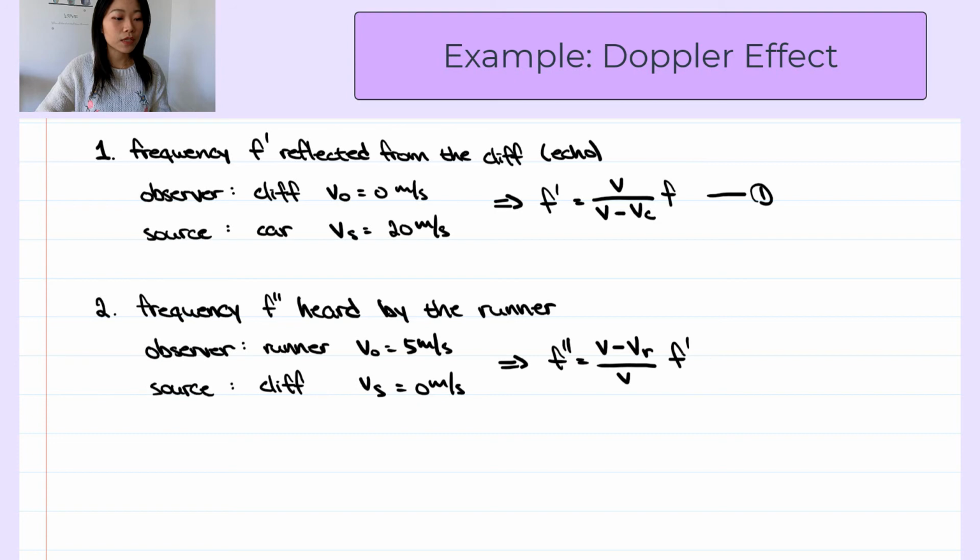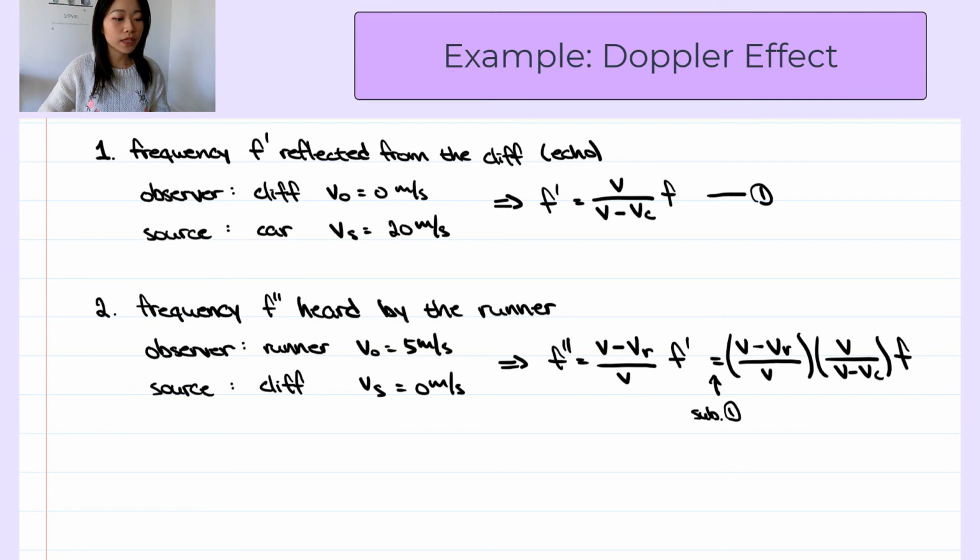Then we can substitute equation 1 into the F prime. Then we get V minus speed of the runner divided by V times equation 1, V divided by V minus speed of car times the original frequency.